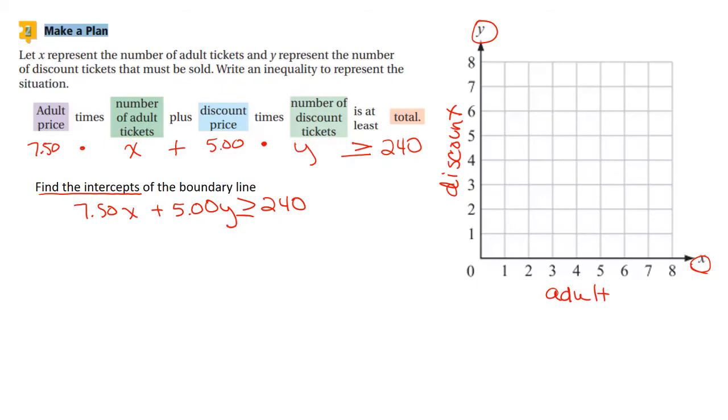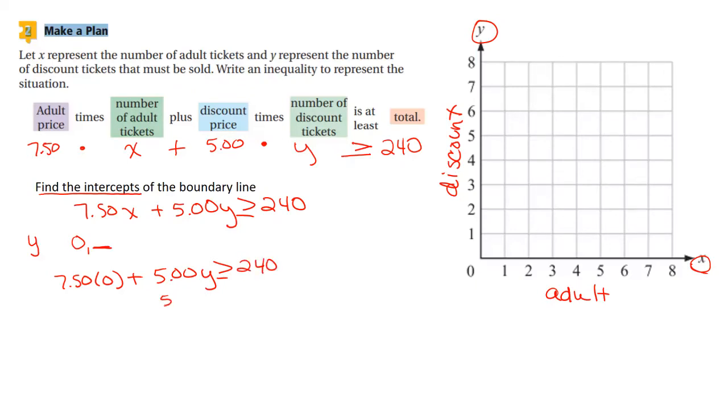So remember, to find the y-intercept, that means we're going to have 0, comma something. So it means when x is 0, what is y? So 7.50 times 0 plus $5 times y is going to be greater than or equal to 240.